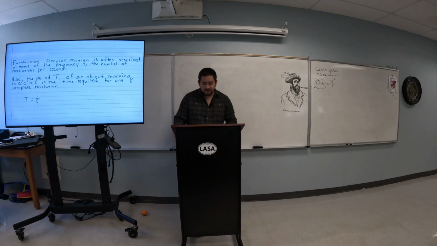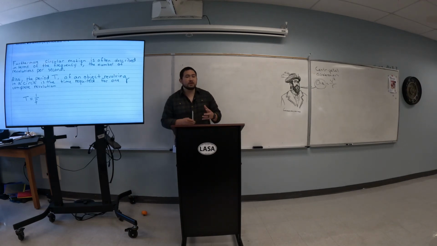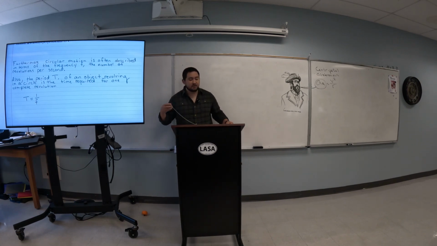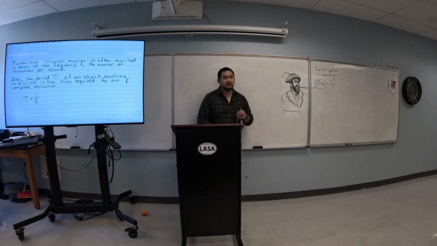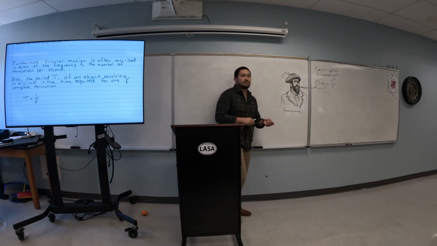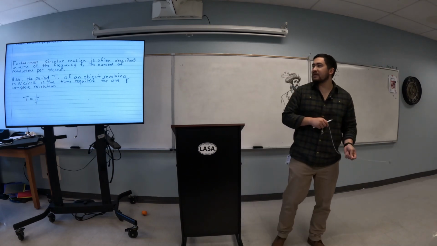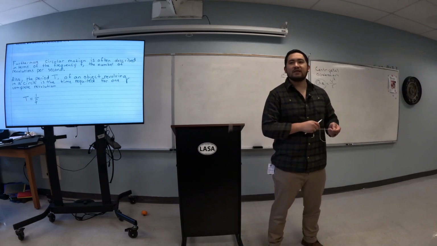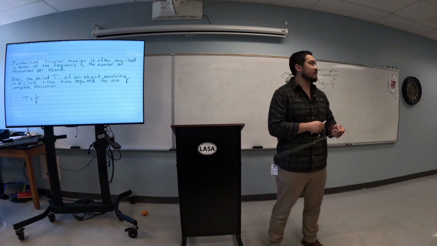One last little tidbit, guys. Circular motion is often described in terms of frequency, typically denoted by a lowercase f, and period, typically denoted by a capital T. Frequency is the number of revolutions per second. In other words, how many times this ball will make a complete revolution per second.